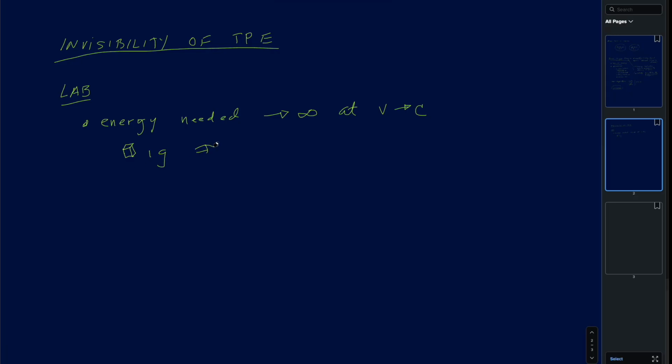The cost of this would far exceed, even in principle, any lab budget that you could possibly imagine. Much greater than the budget of any lab you could possibly conceive of. So that's point number 1.